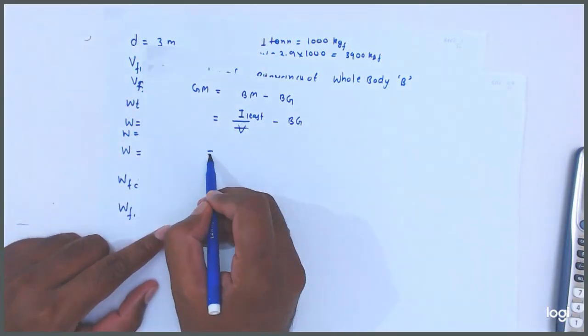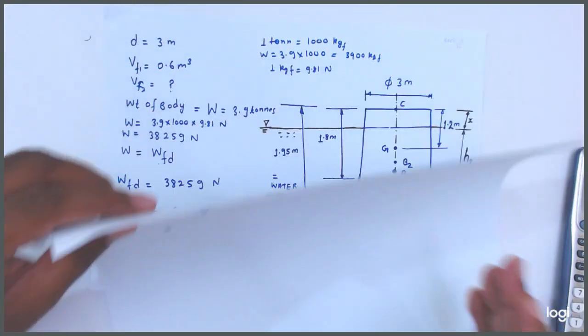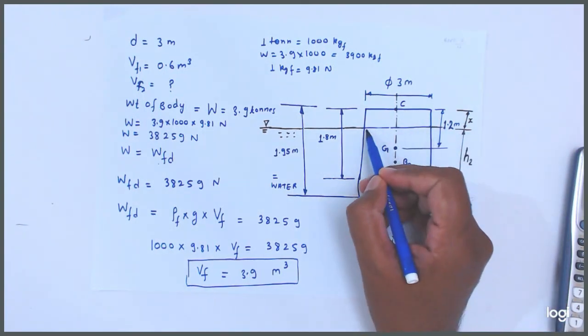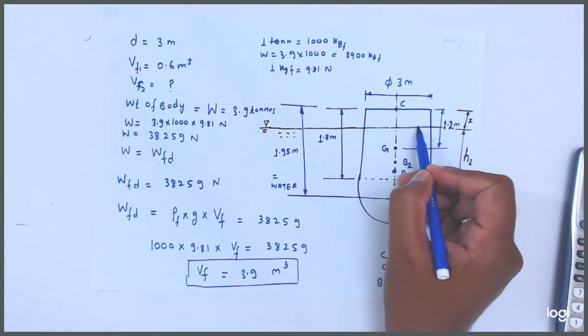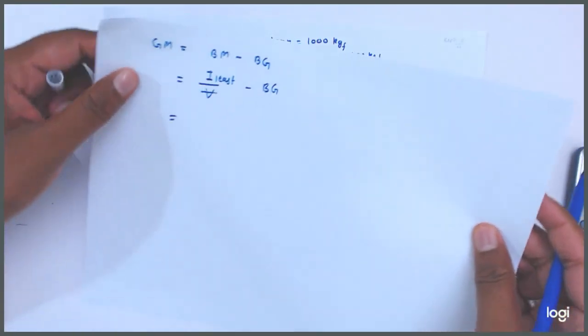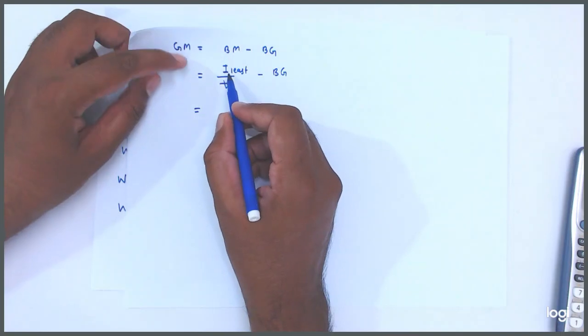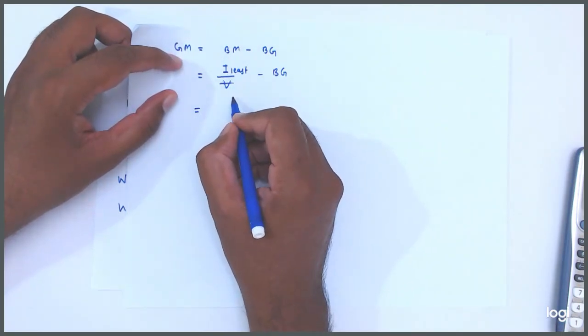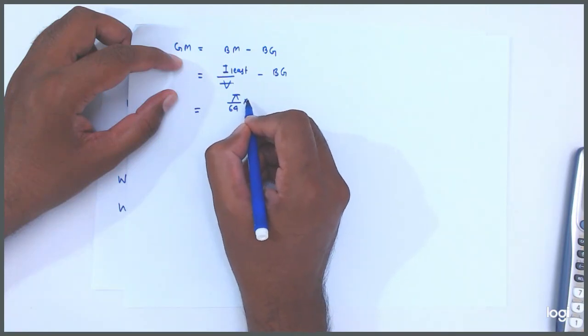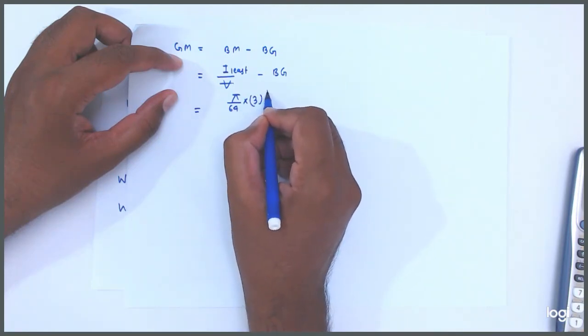Okay, so see here, this is the cylindrical part. So this is the circle. If you see from the top view, it will be a circle of diameter 3 meter. So what will the least moment of inertia be, friends? It is pi by 64 into d to the power 4, so 3 to the power 4.